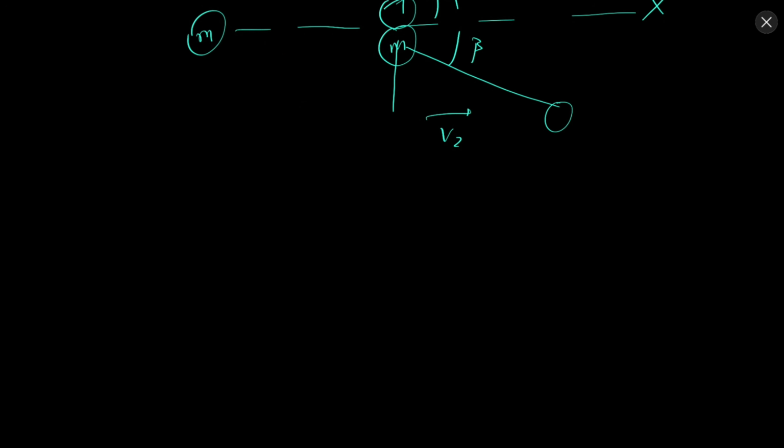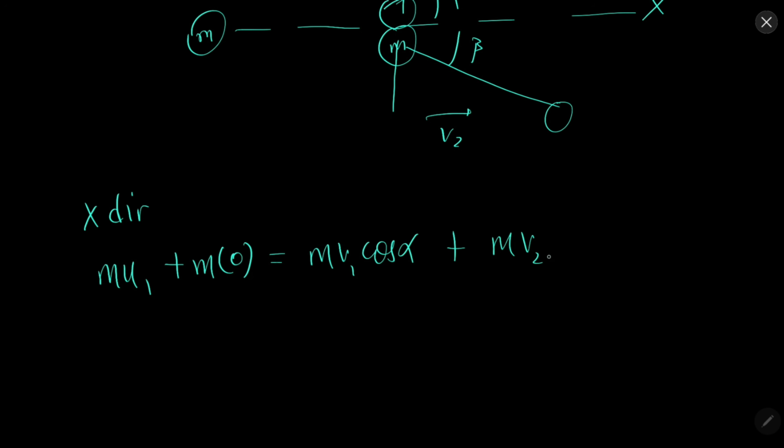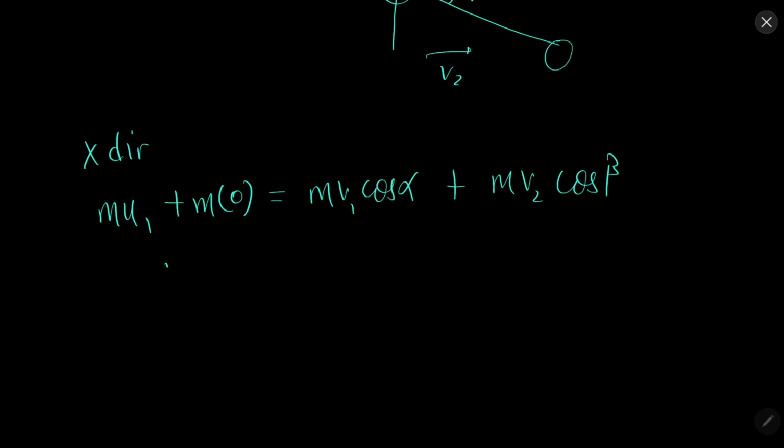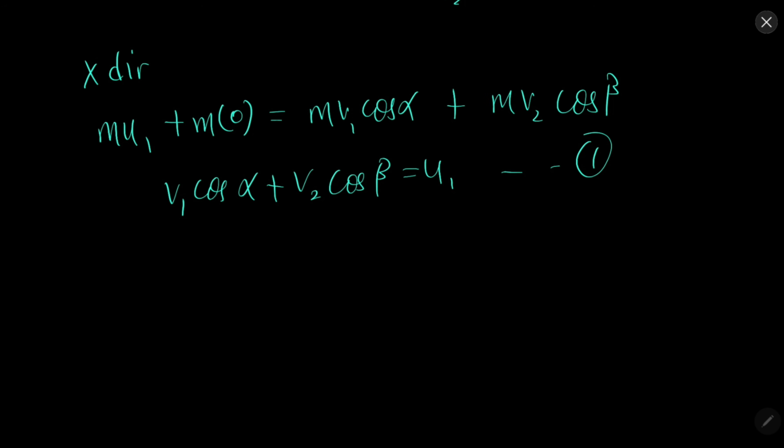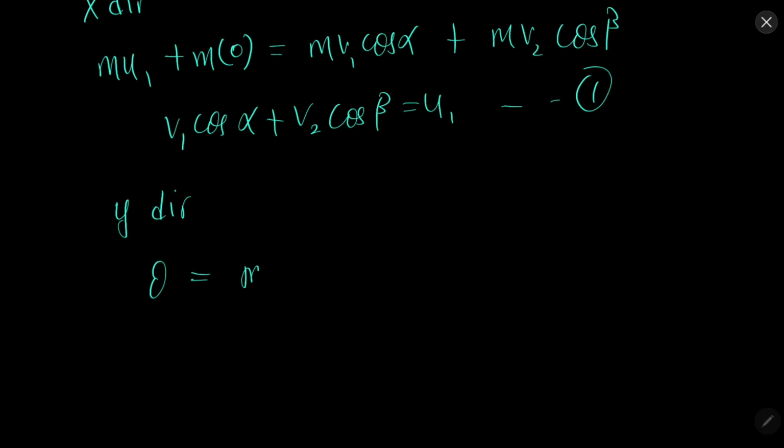For the x direction, conservation of momentum gives m u1 plus 0 equals m v1 cos alpha plus m v2 cos beta, so v1 cos alpha plus v2 cos beta equals u1. Let this be equation 1. For the y direction, again conservation of momentum, 0 equals m v1 sin alpha minus m v2 sin beta.